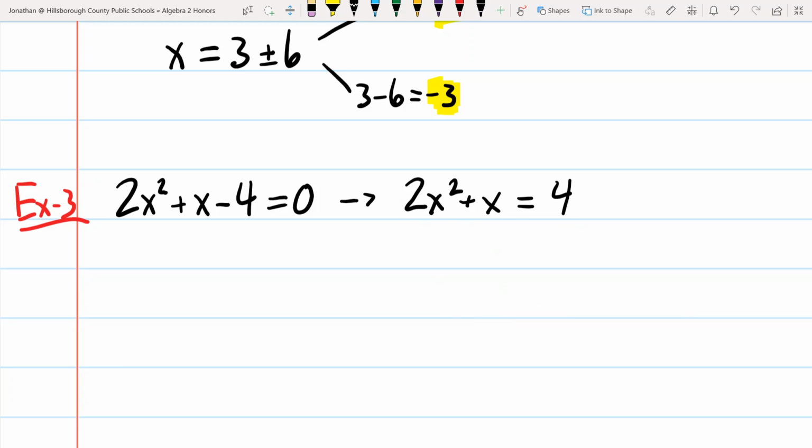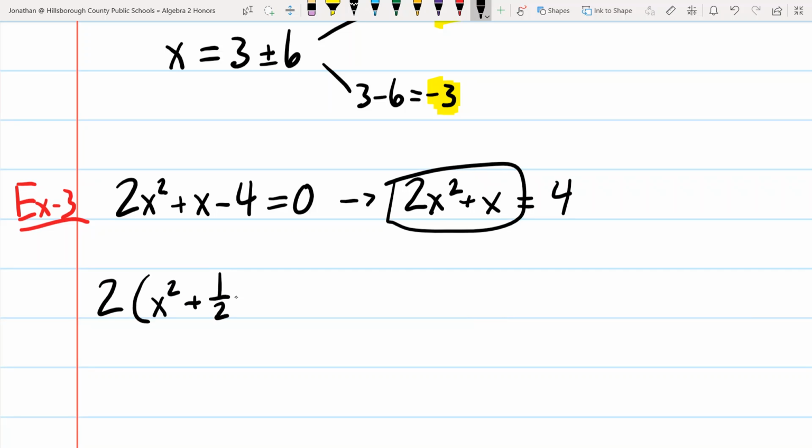So pull the GCF out of these two. And like I said, it may not look like there's a GCF, but technically you can make 2 the GCF. Because if I distribute this 2 back in, you best bet this is what I get back. So anytime there's a number in front of x, you can make that the GCF.